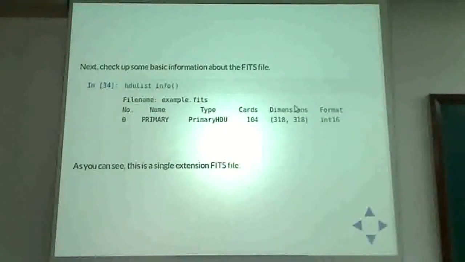To quickly check the basic information about the file you have loaded, you can say HDU list.info and it gives you some basic information about all the extensions in that file. So here there is only one extension which is named primary, and it has 184 header cards. So each entry in a header is called a card, and then you have the dimension of the data and the format in which it has been stored.